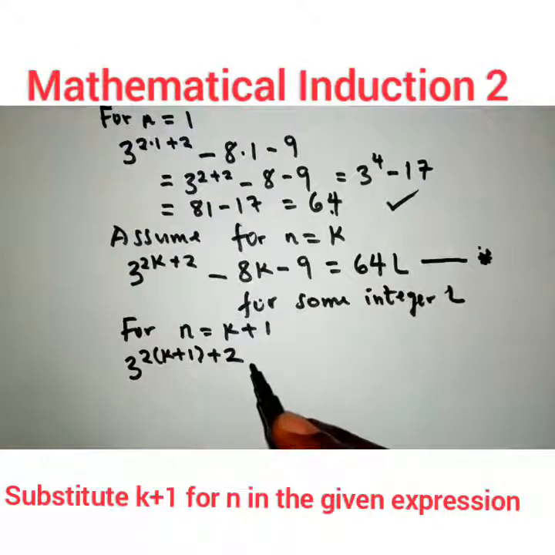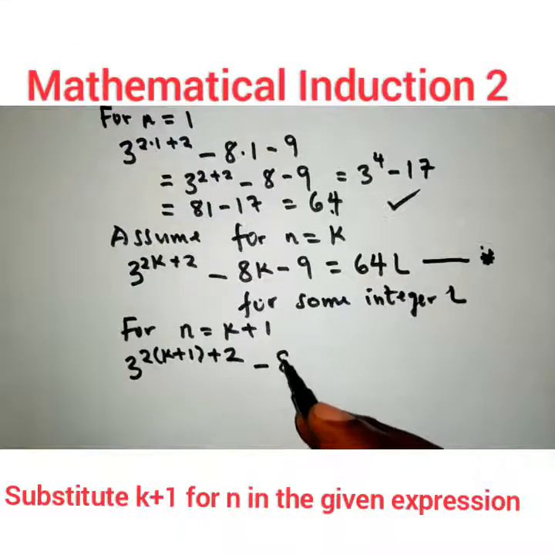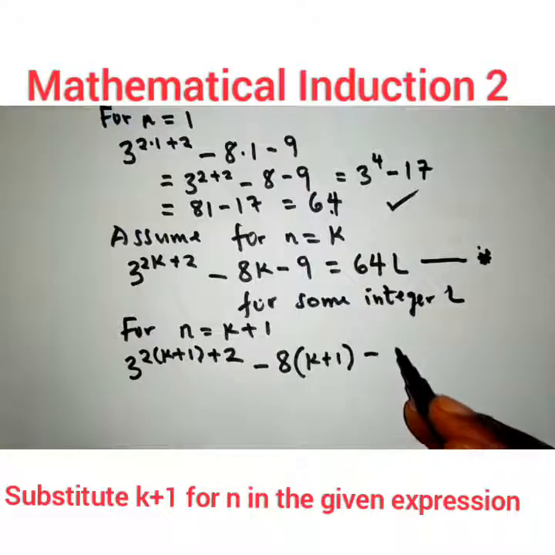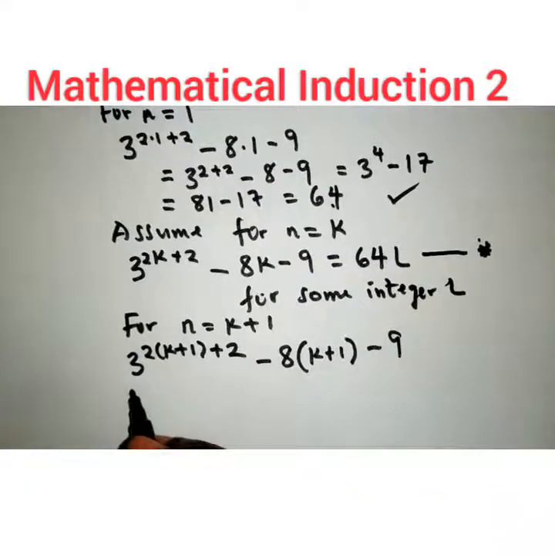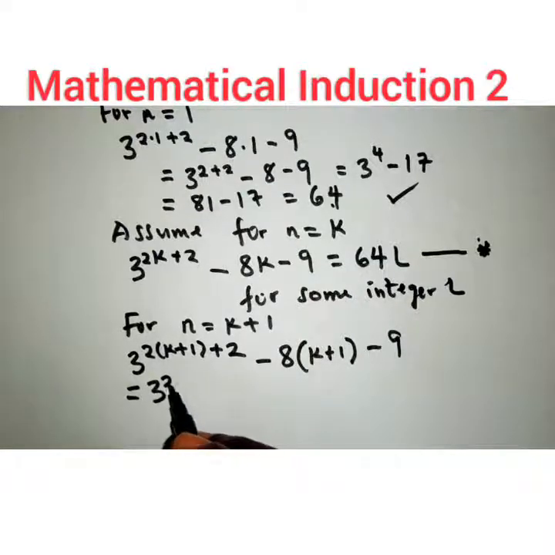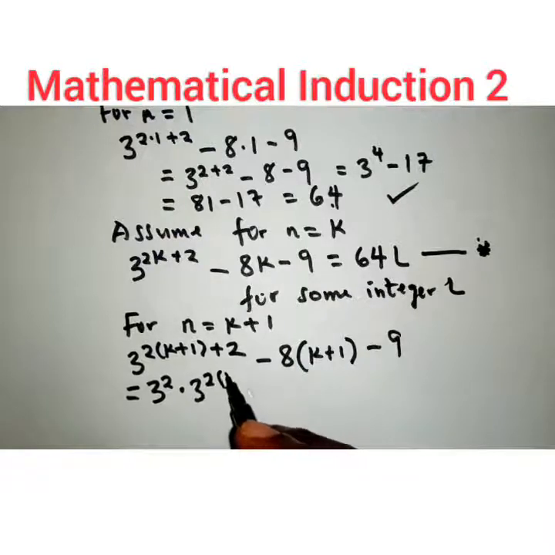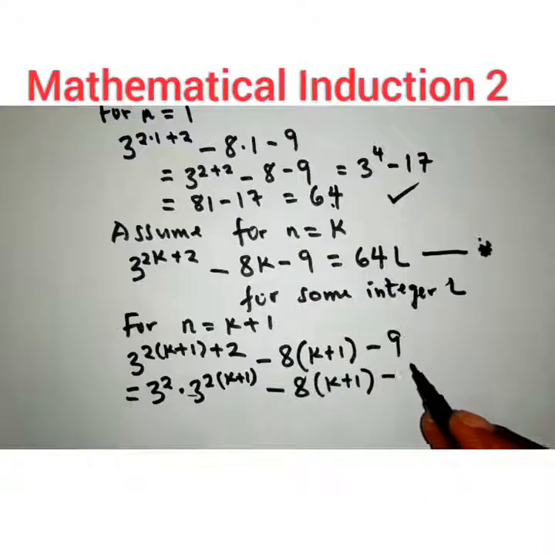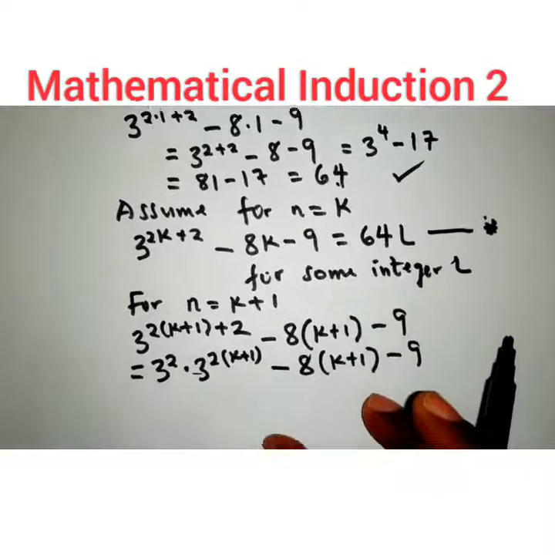So we have this minus 8 times k plus 1, minus 9, and that gives us 3 raised to power 2 times 3 raised to power 2k plus 2, by the law of indices, minus 8 times k plus 1, minus 9.